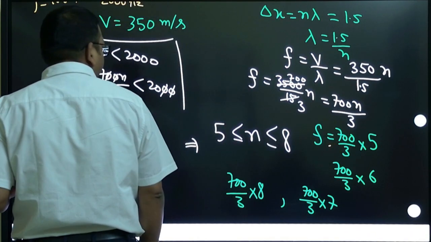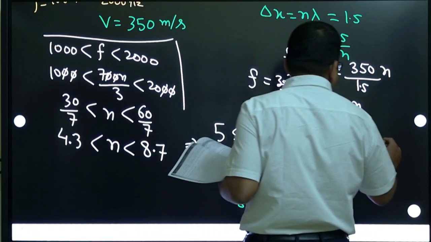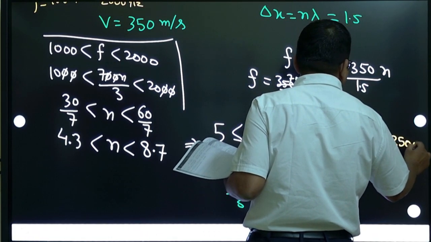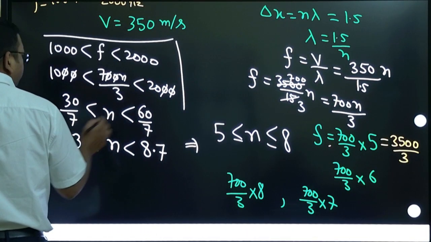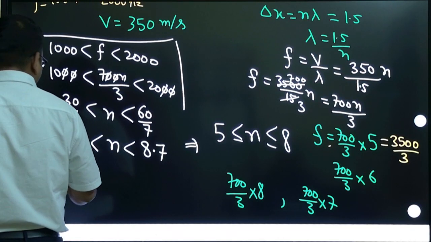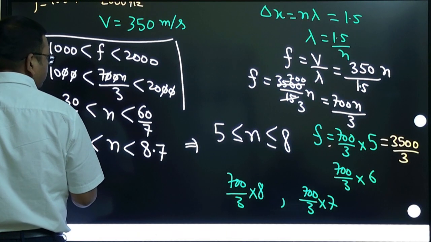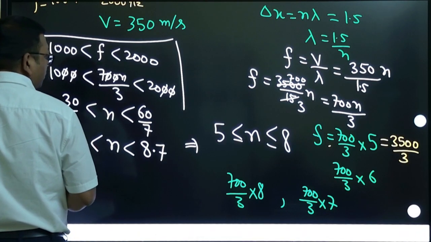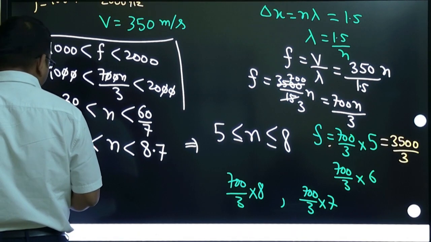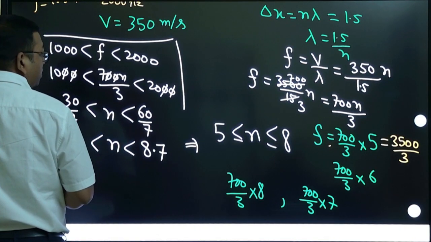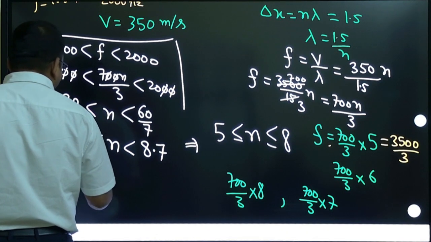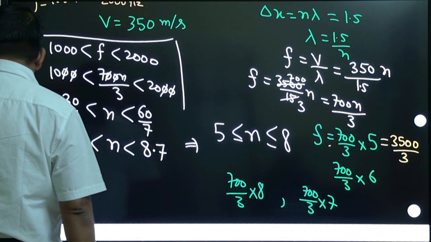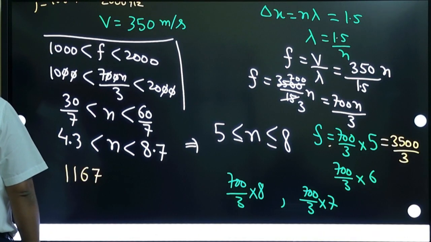How much will it come? 3500 by 3. What will be that frequency? Nearly 1166.7 you can take. Yes, this is the correct answer.